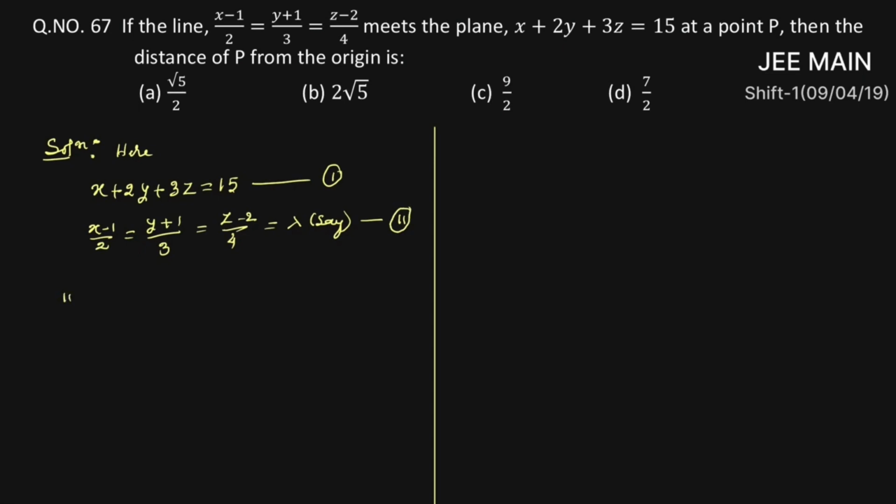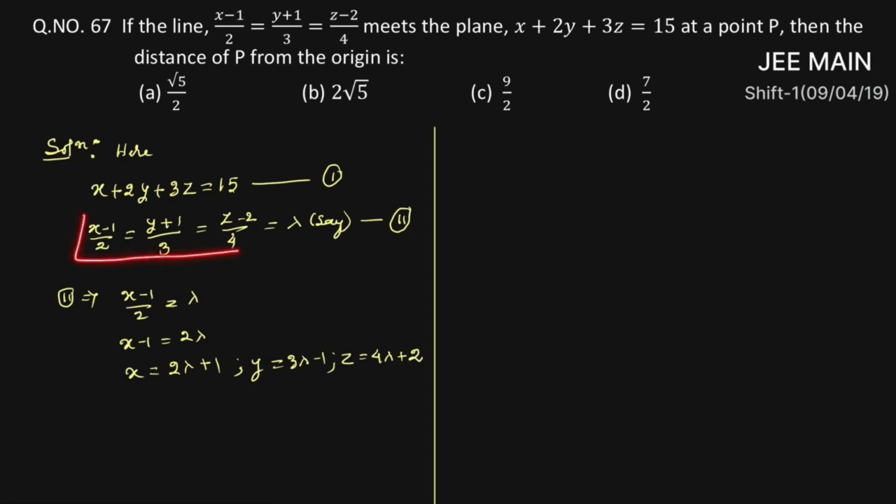Now equation 2 implies we are able to write (x minus 1) by 2 equal to lambda, that is x minus 1 equal to 2 lambda, x equal to 2 lambda plus 1. So we will get x equal to 2 lambda plus 1. Similarly, the value of y we will get 3 lambda minus 1, and the value of z we will get 4 lambda plus 2.